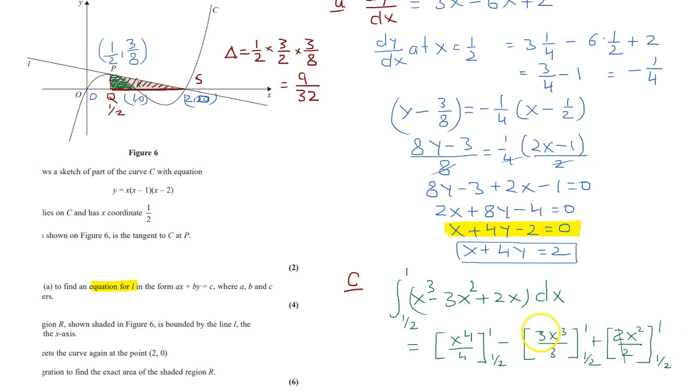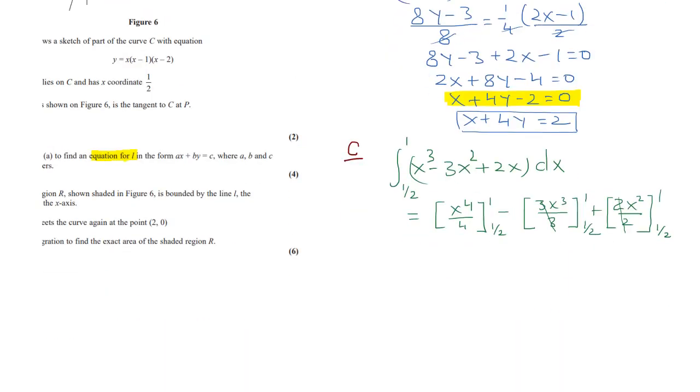So this 2 and 2 cancel, 3 and 3 cancel, so that will be 1 over 4. 1 is to the power 4 minus half is to the power 4, that is 1 over 16, minus 1 minus 1 over 8, plus 1 minus 1 over 4.